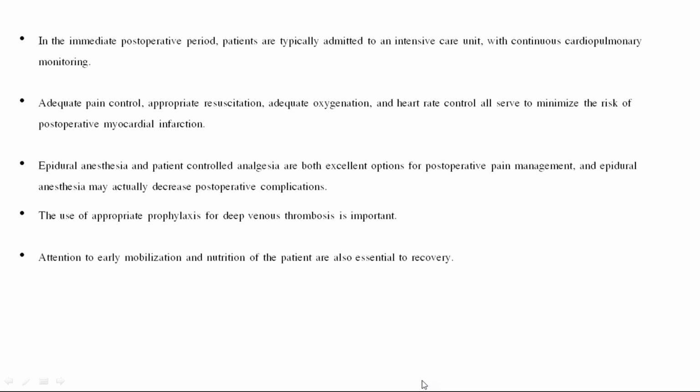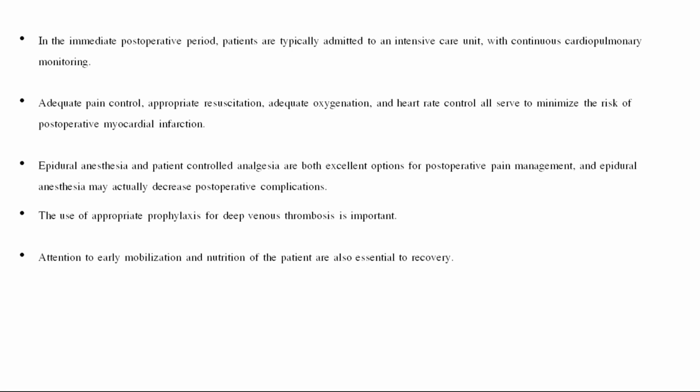So epidural anesthesia and patient controlled analgesia are both excellent options for postoperative pain management, because with epidural anesthesia we can top up the painkiller medicine. Nowadays we are giving the tramadol injection in an epidural kit.